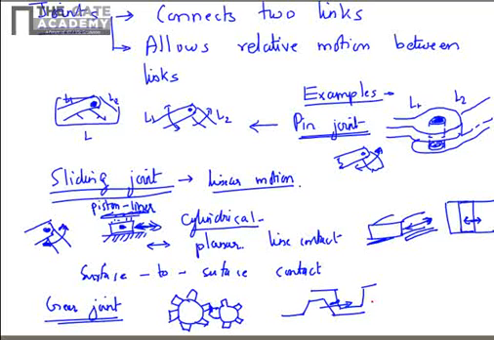So both the surfaces move together. This is a special kind of joint, the gear joint, because here at the point of contact there is no relative motion, but if you consider link 1 and link 2, there is a relative angular motion between the two. So this is a kind of special joint.